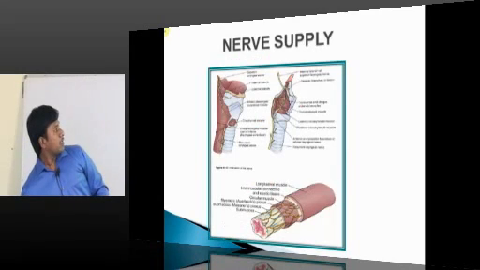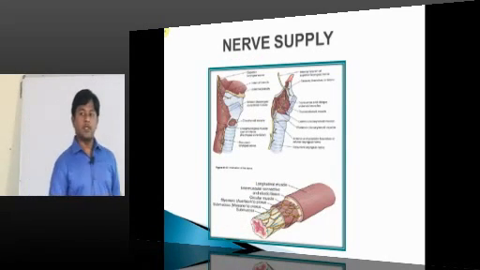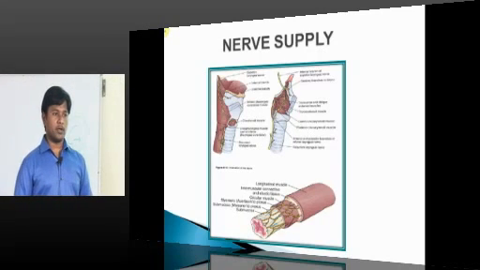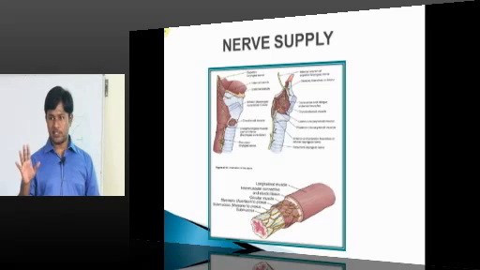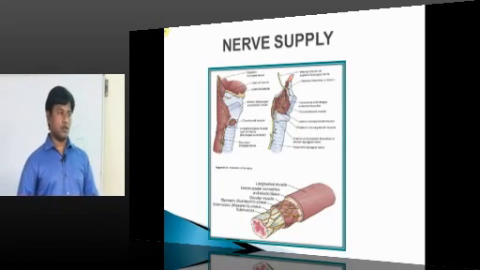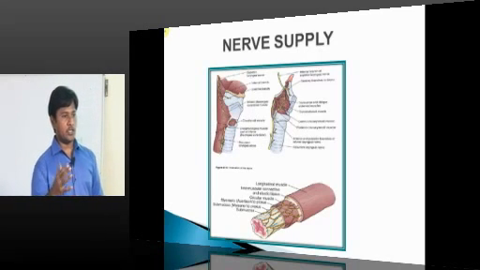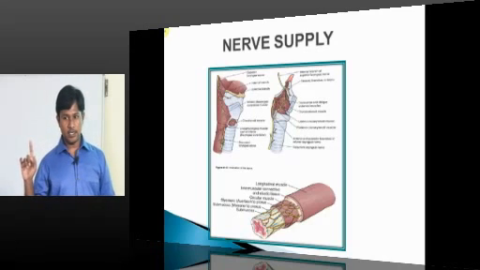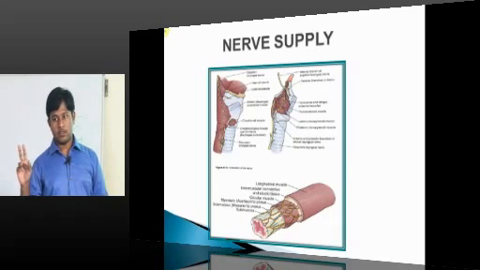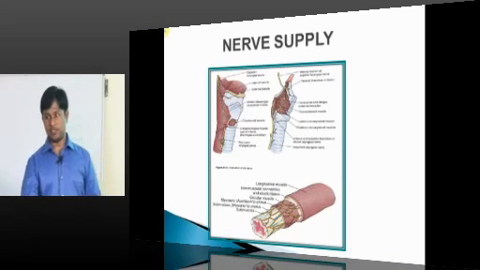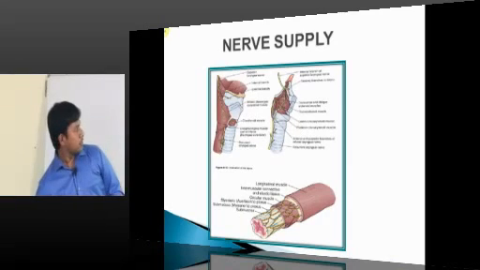Now, nerve supply, I think you all know that, but I want to tell you two important points: the Meissner's plexus and the myenteric plexus. Basic physiology: Meissner's plexus is in the submucosal layer, and the myenteric plexus is in the muscularis layer.